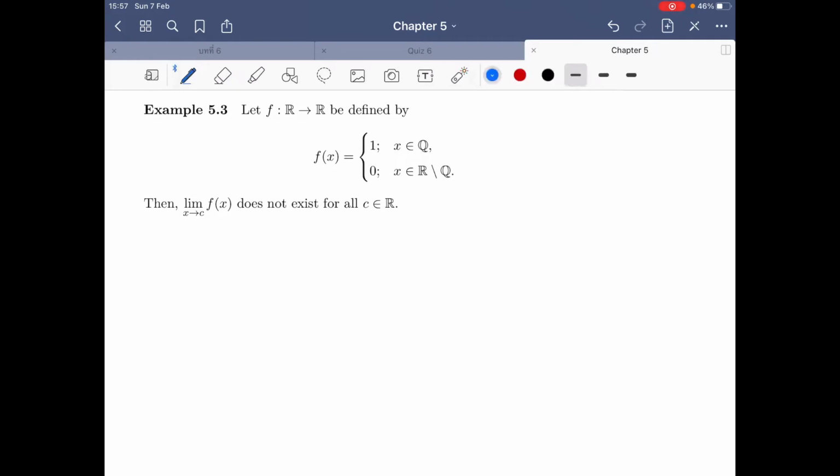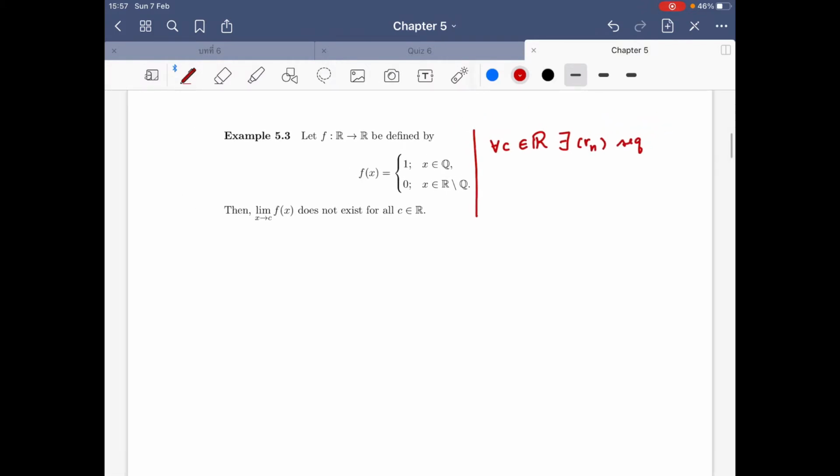However, to conclude this example, we really need to bring up old knowledge from before midterm: if we let c be a real number, then we can find a sequence r_n of rational numbers such that r_n goes to that real number c as n goes to infinity.